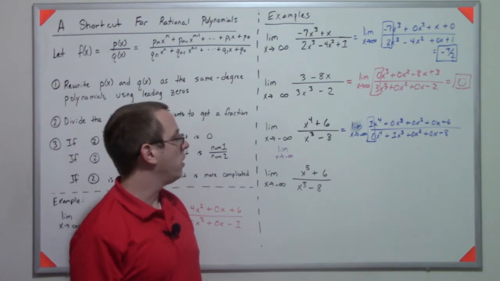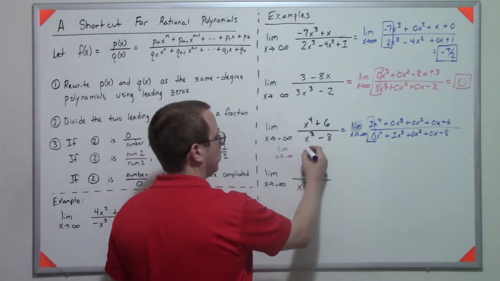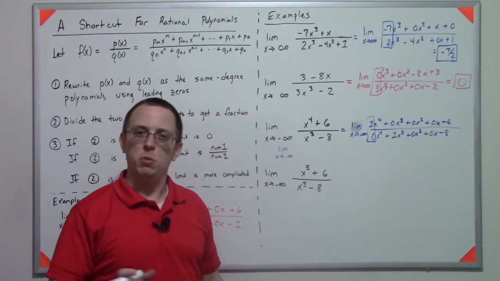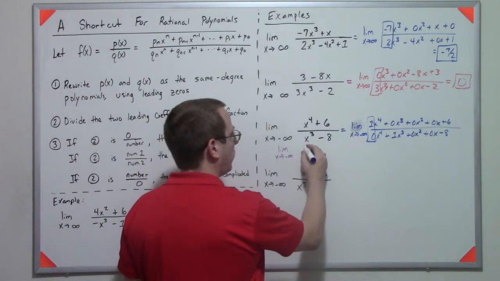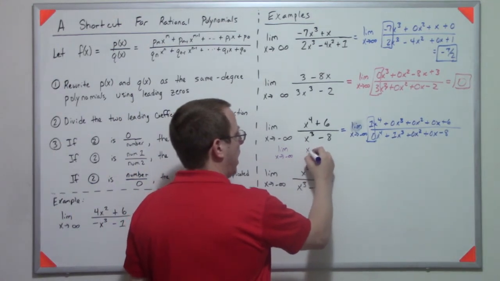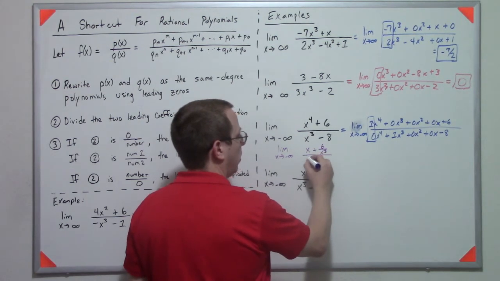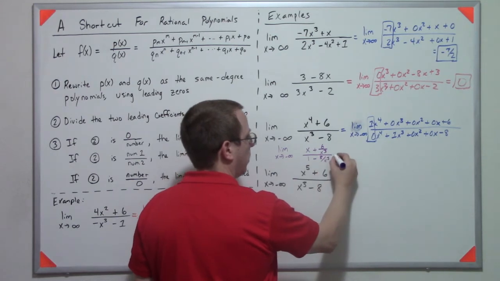let me factor out an x to the fourth. What you're going to get is, no, let me factor out an x cubed. I know that's going to sound weird, but let me factor out an x cubed. You're going to get x plus 6 over x cubed over 1 minus 8 over x cubed.